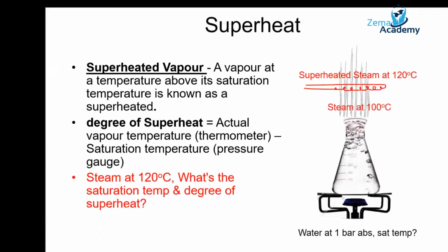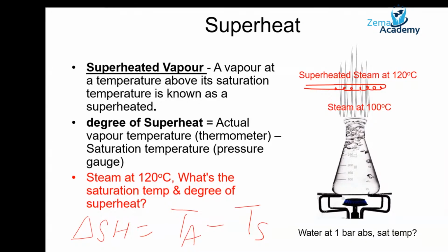Other terms that we will come across is superheated vapor. Superheated vapor refers to a temperature above the saturation temperature. And we can calculate our degree of superheat: degree of superheat is equal to actual temperature minus Tsat. One example I just gave here is water boiling.